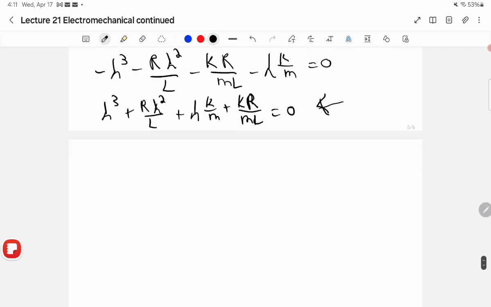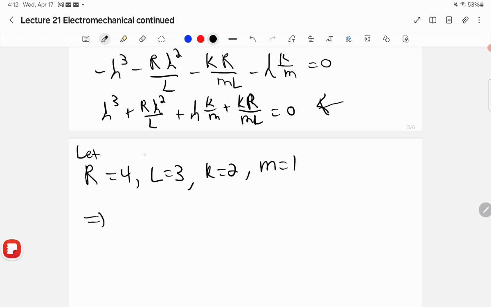So instead what I'm going to do is I'm just going to substitute in some values here. So I'll say r equal to 4, L equal to 3, k equal to 2, m equal to 1. And I've obviously skipped the units here. This is henries, this is newtons per meter, I think, and this is kilograms.